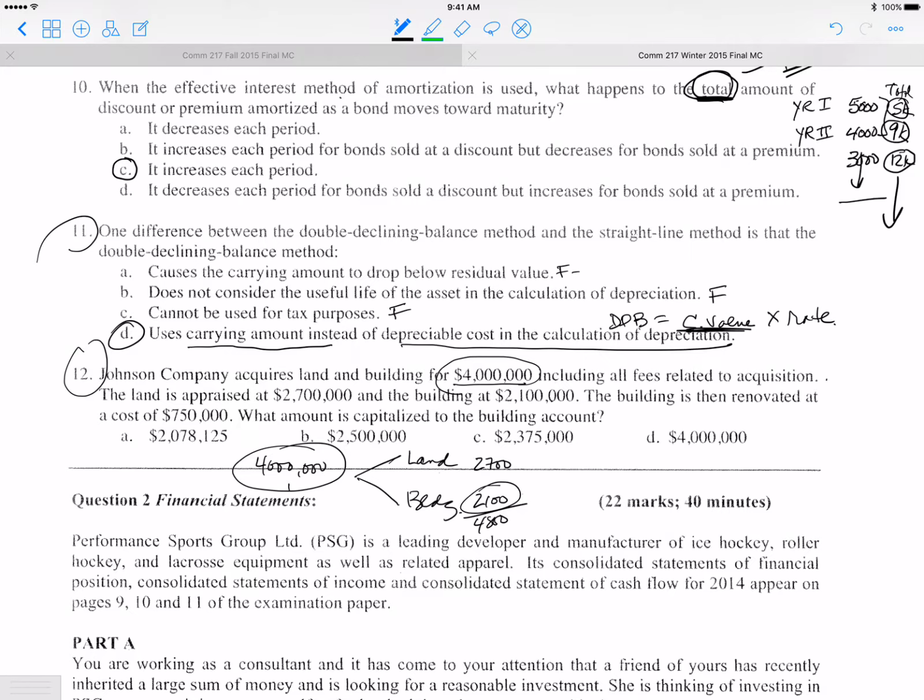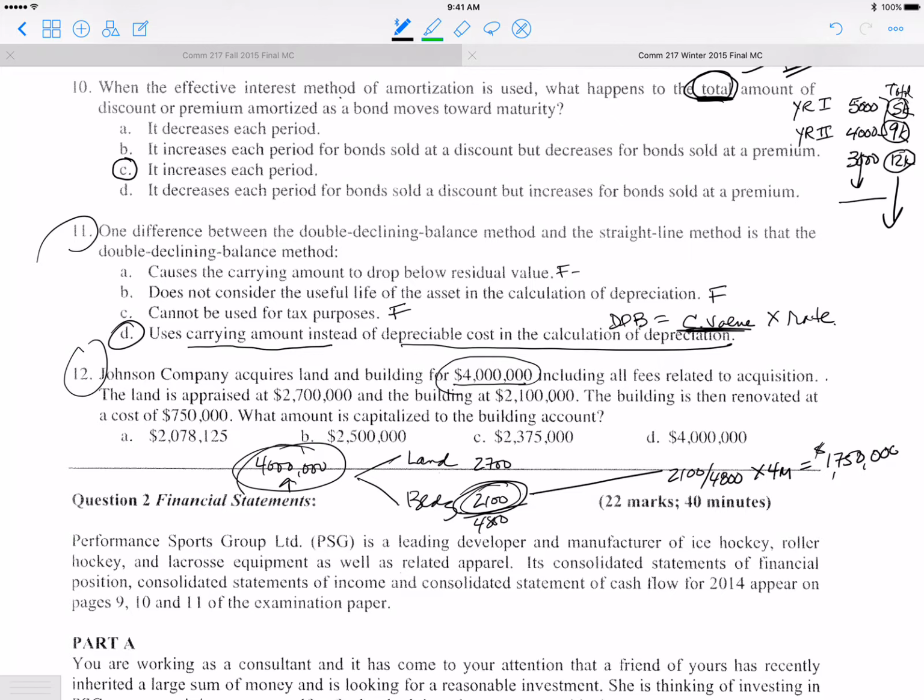We have to figure out what portion of this 4 million should be allocated to the building, and we're going to use the relative market value. So if you take 2.1 million over 4.8 million and multiply this by 4 million, that will give us a cost for the building of 1.75.